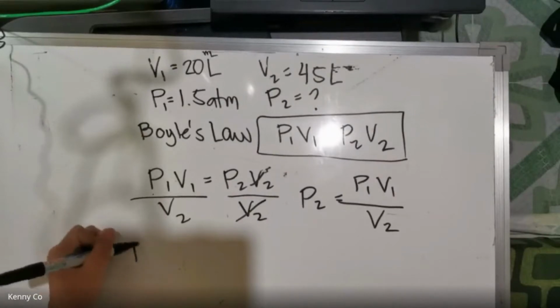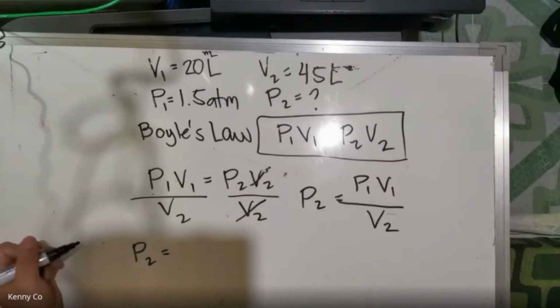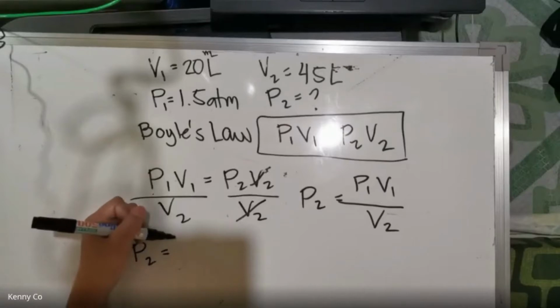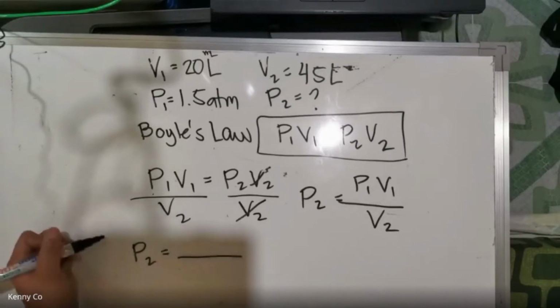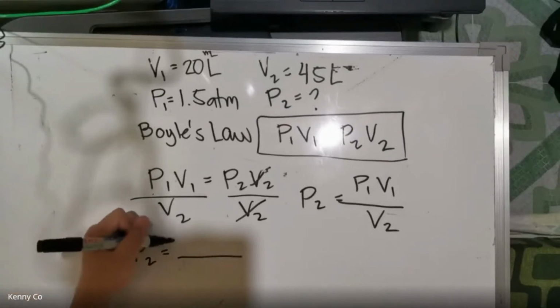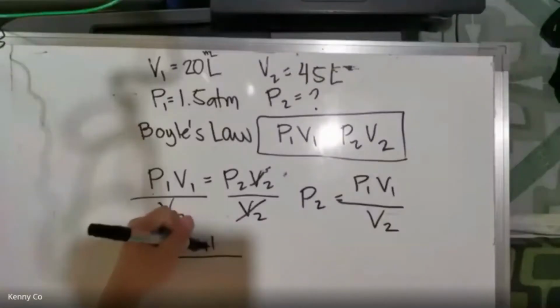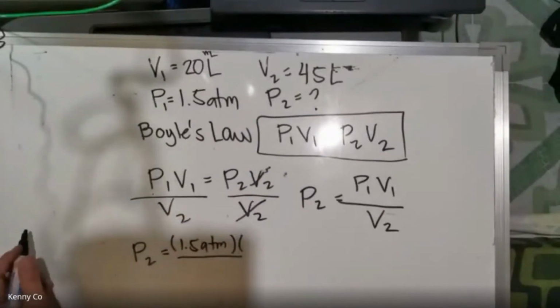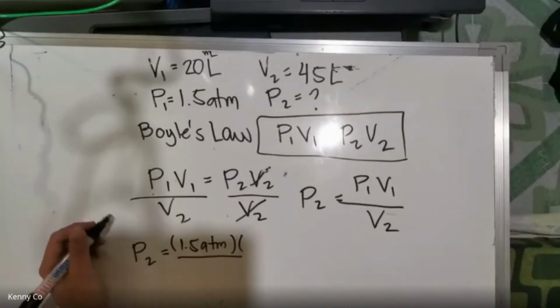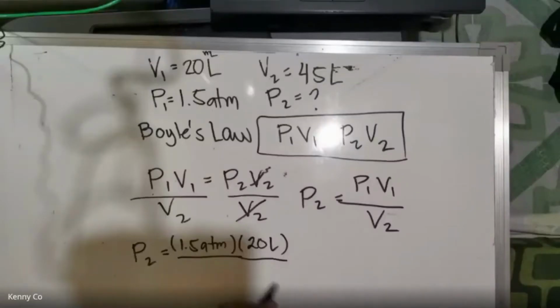Okay. So, P2 is equal to the value of P1, which is 1.5 atm. The value of V1 is 20 liters. The value of V2 is 45 liters. So, cancel similar units.